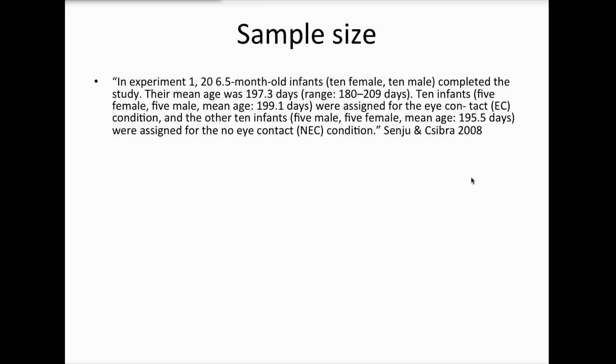Now let's move on to another related issue, and that concerns sample size. Often in experiments we are provided with this kind of information. Again from the Senju and Zebra study here, we were told that 20 participants, or in this case infants, were included in the experiment, and we get some information about their age range and that kind of thing.